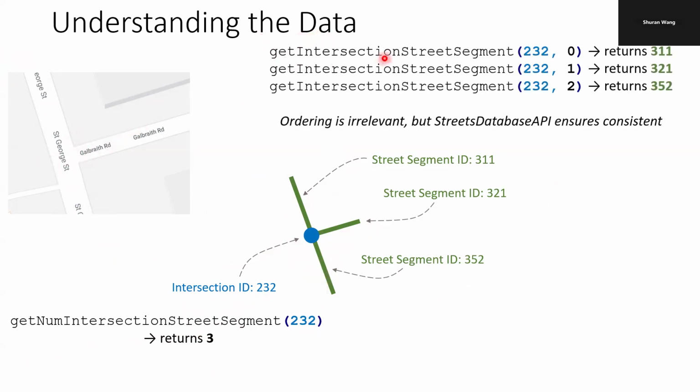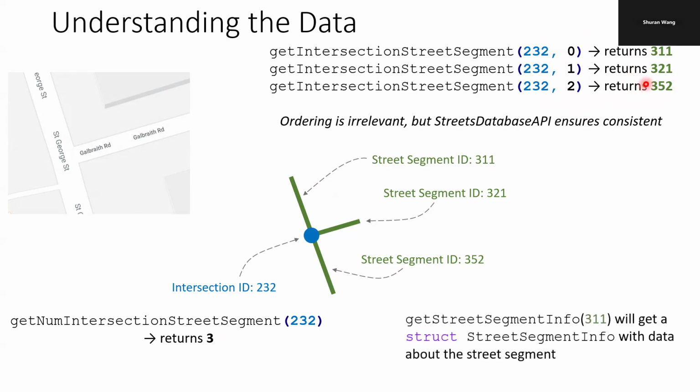Then for get intersection street segment 232, we go from 0 to the number of street segments returned here, 0 to 3 minus 1, for each of the street segment IDs. After we get the street segment IDs, we can do whatever we want with them, like we can get the street segment info using the street segment ID, etc.